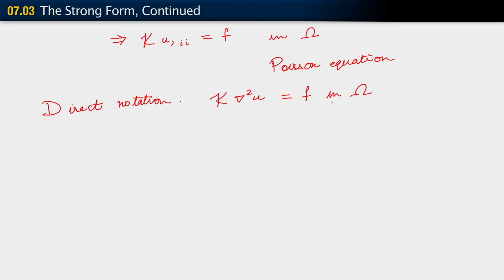Of course, in this sort of case, if the tensor kappa can be represented as a scalar kappa, then for the Neumann boundary condition, which is minus j dot n equals j sub n, this essentially reduces to the requirement that minus kappa grad u dotted with n equals j sub n.